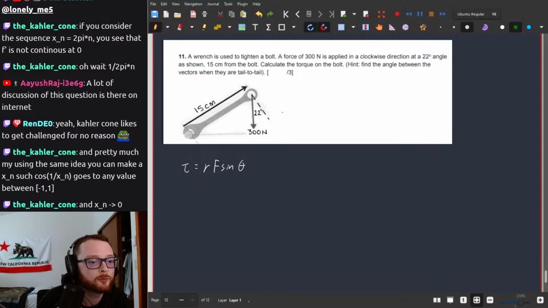So that's like the 90-degree mark. 22 degrees, so that means the entire angle is 90 plus 22, which is 112.